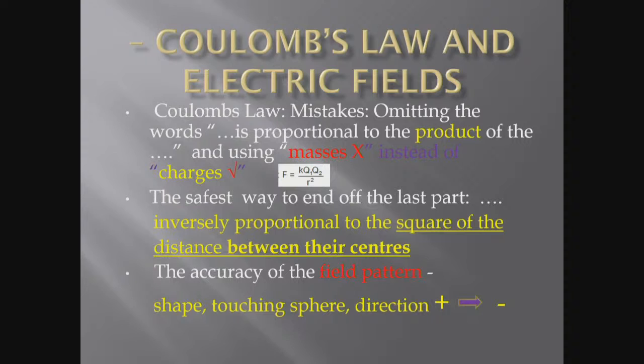It can't be a more or less shape. Make sure that you are accurate on your shape, especially the shape between two positive charges or two negative charges. That shape is difficult to draw.